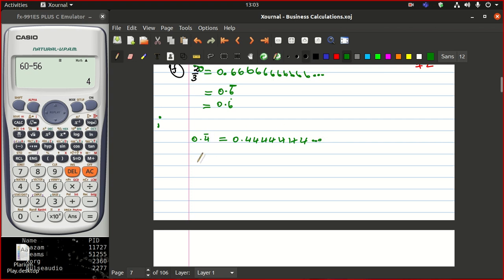At the same time, if I have 0.285714, a random number, and I place a bar throughout, it means this is the same as 0.285714, and then this number starts to repeat again. So I'm going to end up having 285714, and then it repeats again, 7.